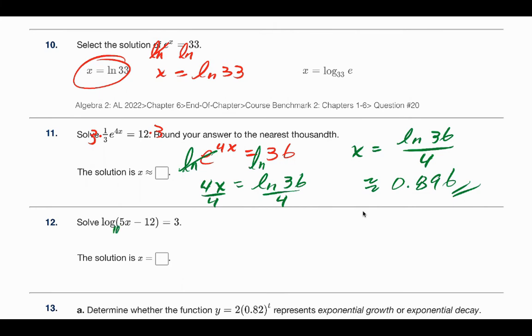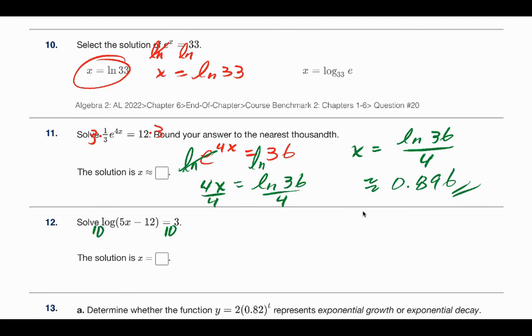So I can actually put 10 on each side. All right? So it's kind of like doing that e, except this time here, we're going to just put 10 and the log are going to cancel. So let me put that back, sorry.